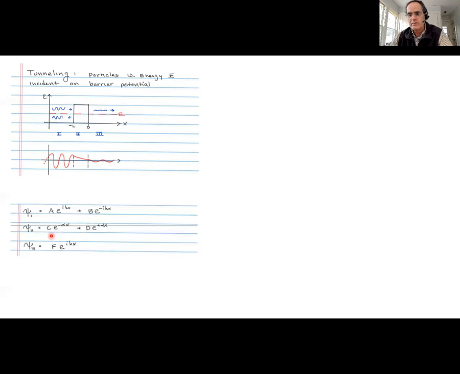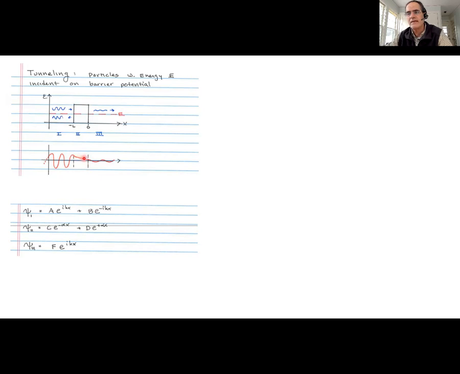In region 2, where the potential energy is greater than the kinetic energy, or greater than the total energy, the wave function has this form. The solutions look like exponentials, not complex exponentials. So we have this term, C e to the minus alpha x, which represents a decaying exponential.